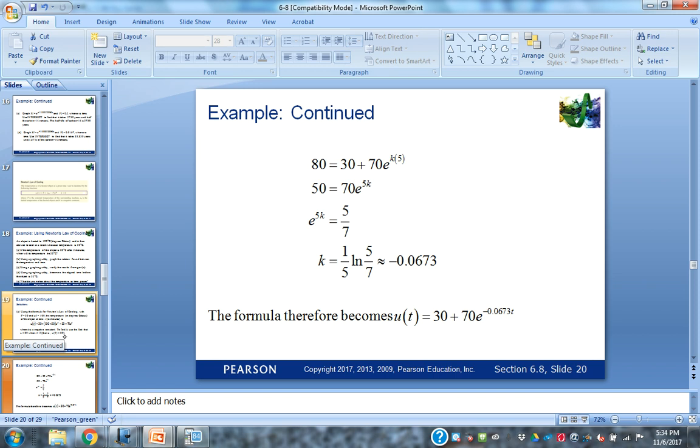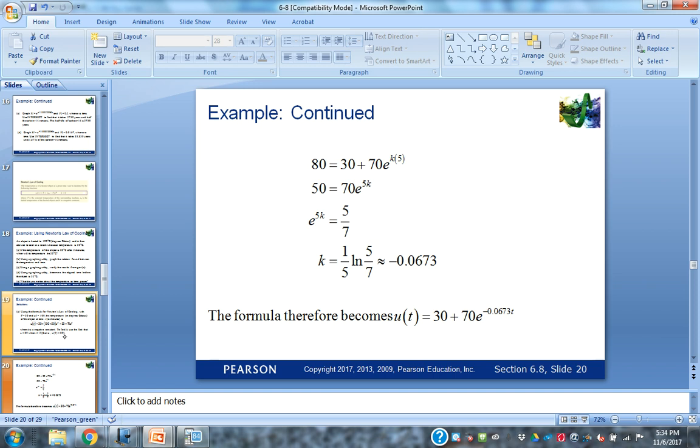We plugged all that in and simplified it. They're just solving this equation for k, the same way we were doing in sections 6.5 and 6.6: getting the e to the something k by itself and then taking a natural log. That's all they're doing there. Nothing really complicated about it.